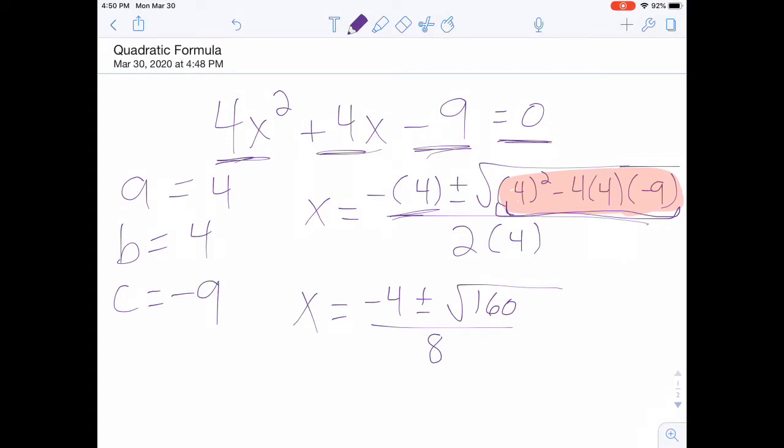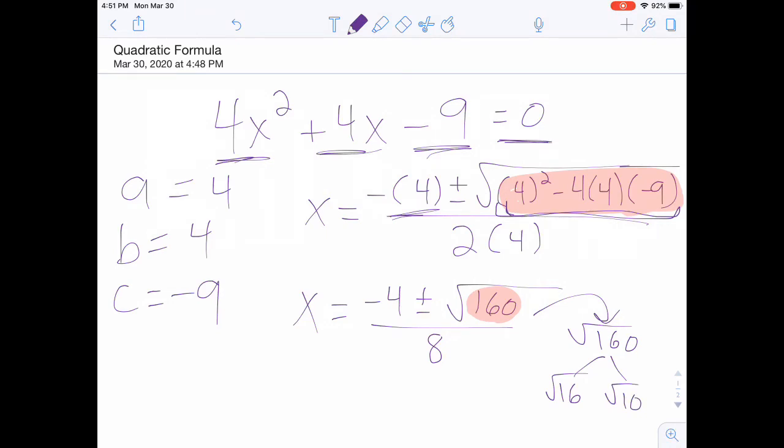160 over 8. Now, 160 is not a perfect square. I have to see if there are any perfect square factors of 160. 16 is a perfect square, the largest perfect square factor, and 160 is 16 times 10.